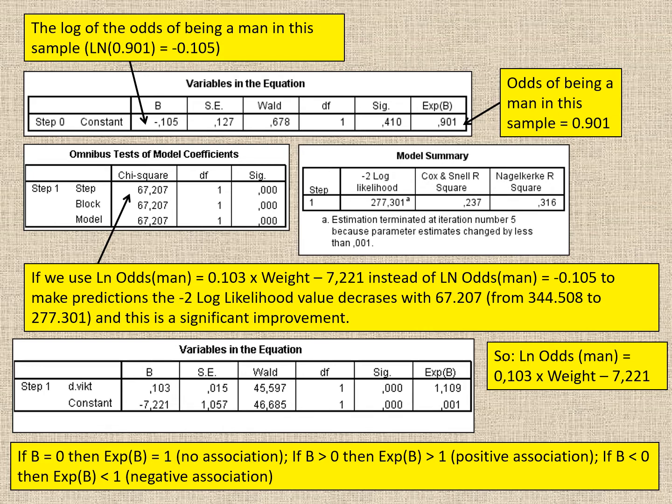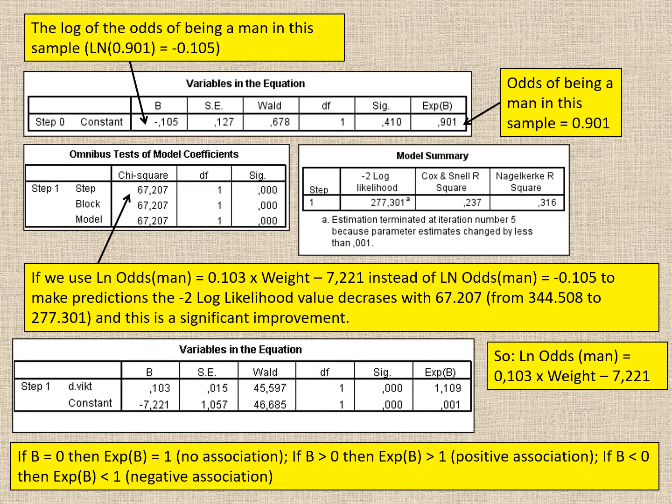If we take e raised to this, the natural value raised to this, exactly, we unlog it. Then we get this value. And what does this mean? We have it in odds instead. But it's no longer an additive scale. It's a multiplicative scale.